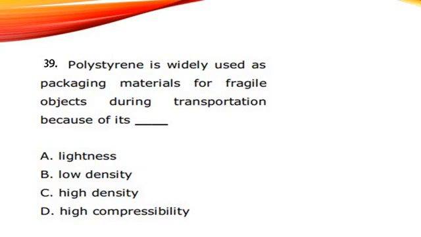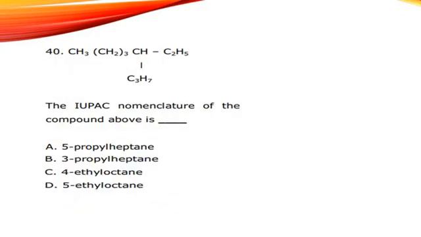Next is question 40, which says the IUPAC nomenclature of the compound above is A, 5-propylheptane, B, 3-propylheptane, C, 4-ethylheptane, and D, 5-ethylheptane. Now you can recall that in the naming of organic compounds, you take note of the position of your substituent.